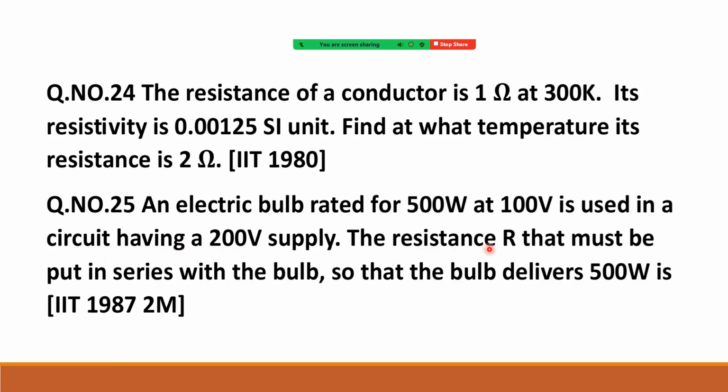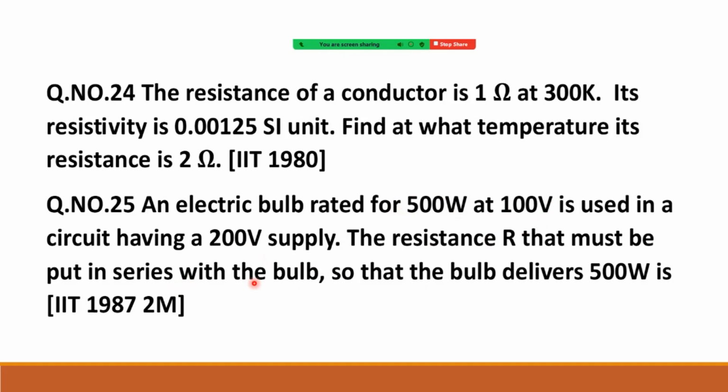The resistance R that must be put in series with the bulb so that the bulb delivers 500 watt is, okay. This is given for 2 marks in 1987. So this delivers 500 watt at 100 volt, but it is now given 200. So how much do we have to connect in series with the bulb?